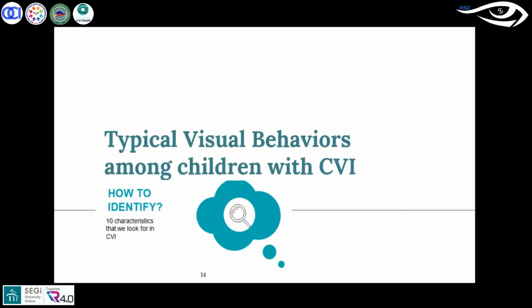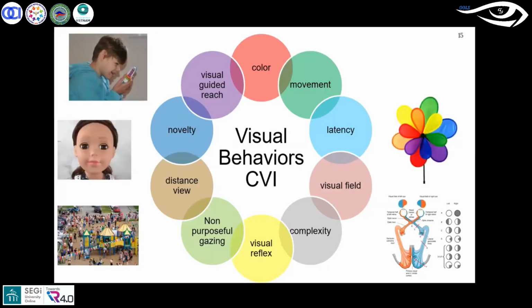Now, let me explain about these visual behaviors, which are associated with children with CVI. There are actually 10 characteristics or behaviors that we need to look for before we are able to identify they do have CVI. The 10 characteristics are color preference, movement, latency, preference on visual field, and then we've got complexity problem, absence of visual reflexes.